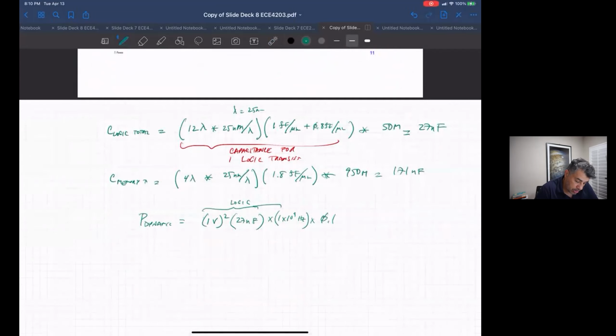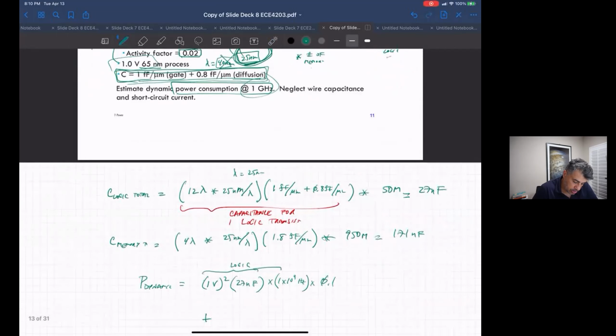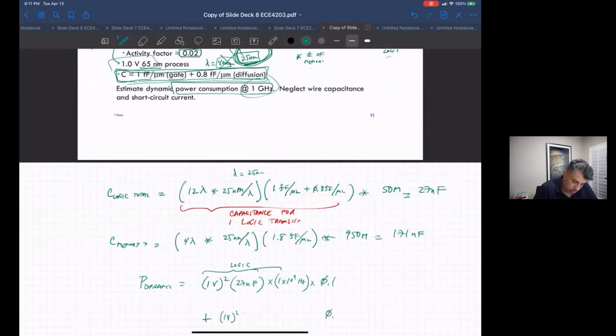Okay. And then this is added to the memory, where the activity factor is 0.02.